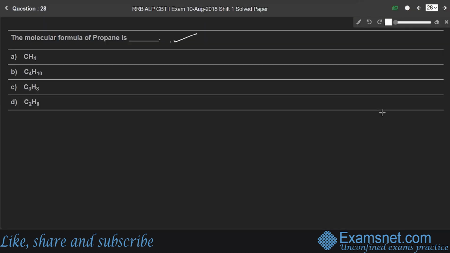Question number 28. The molecular formula of propane is. Propane comes under the family of alkanes. The general formula for alkane is CnH2n plus 2.